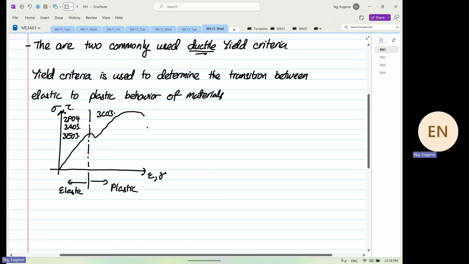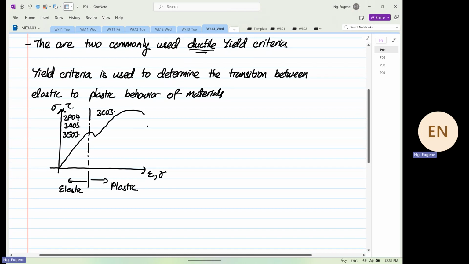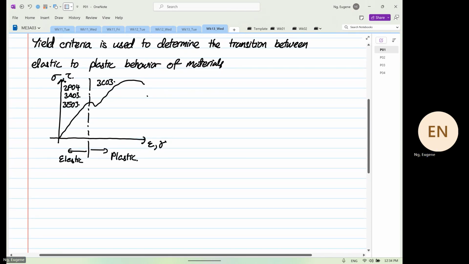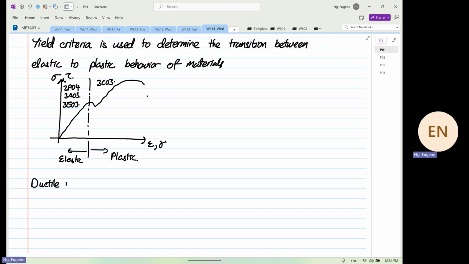Now, what do we mean? The next thing you ask me, Eugene, how do you define what is a ductile material? You can see ductile over here, right? So ductile, metallic. I put down metallic because I want it to be metal, not plastic materials.